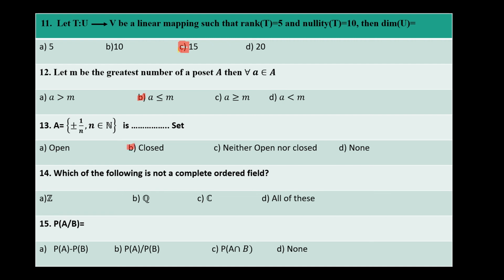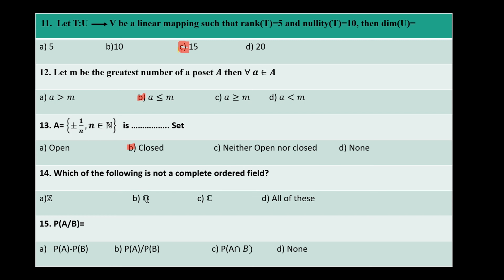So the next one is: which one of the following is not a complete ordered field? First of all, we have to understand what is meant by a complete ordered field. It must be a field in which the order is defined, and it is complete as well, meaning that every Cauchy sequence must converge in it.